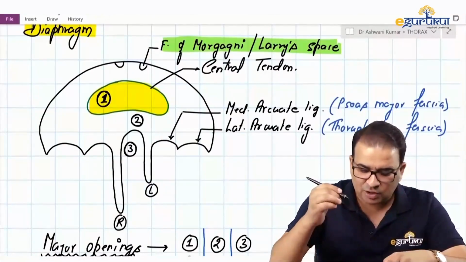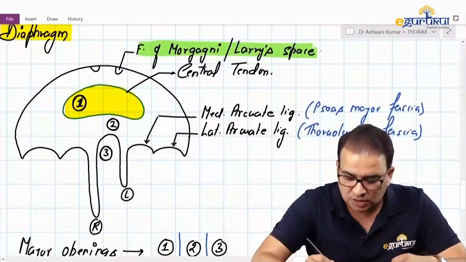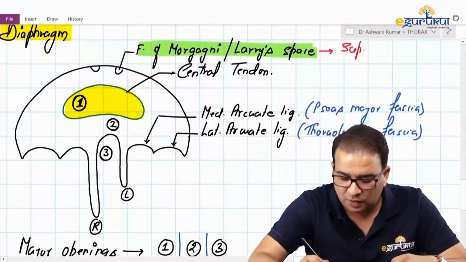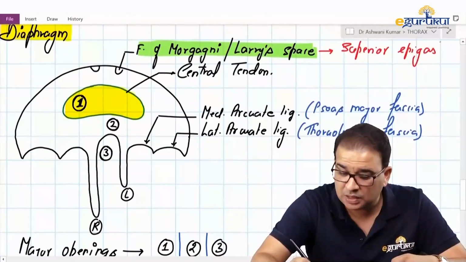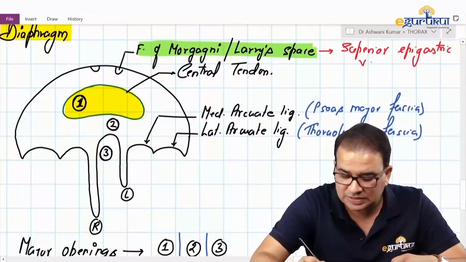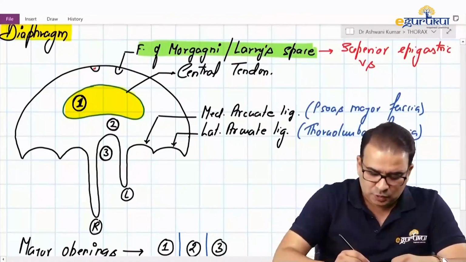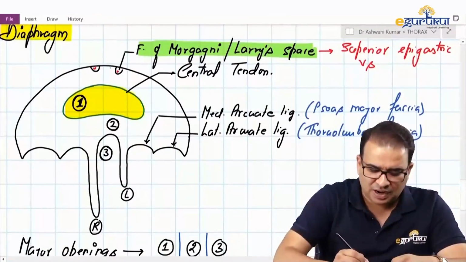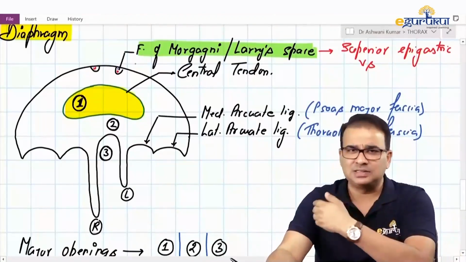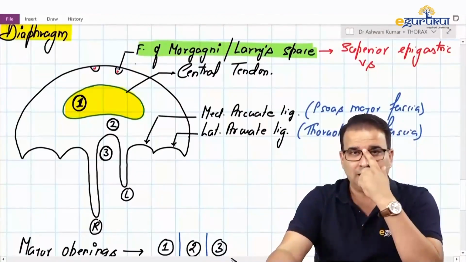And this foramen of Morgagni or Larrey space is giving passage to the superior epigastric vessels. Superior epigastric artery is a branch of internal thoracic artery. Again, something which we will discuss in a while. And again, please be careful.